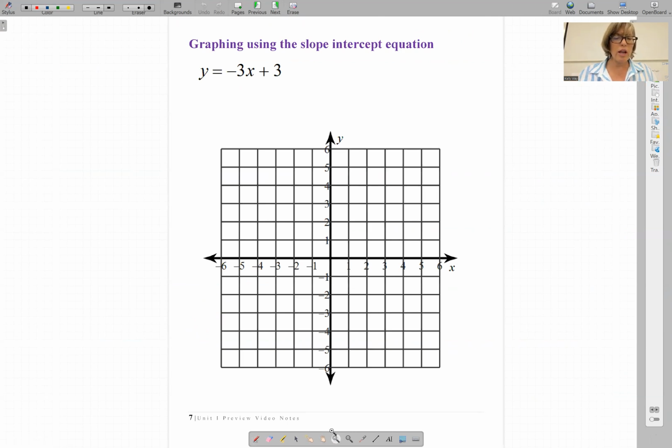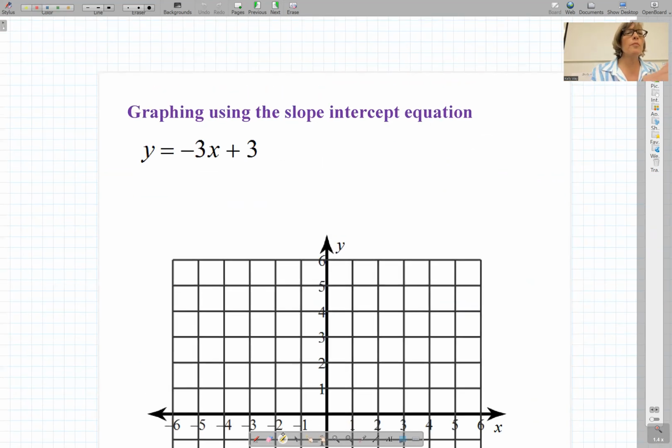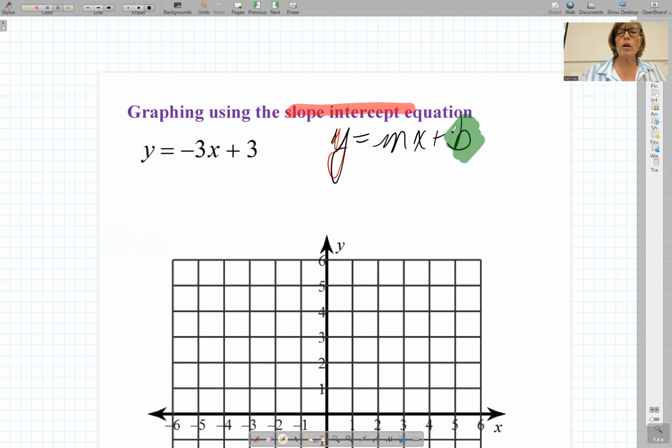The vast majority of our lines, however, are tilted one direction or another. And traditionally, we use y equals mx plus b. That's also called the slope-intercept form. y equals mx plus b. b is going to be your y-intercept, and m is your slope.